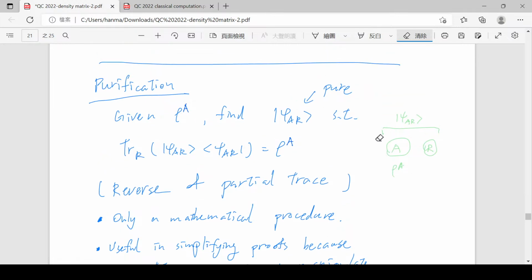Because if you just want a mixed state that partial traces to rho_A, then you can always just write rho_A tensor whatever rho_R, and that will partial trace to rho_A, but that's pretty stupid, and that's not what we do. We want to find a pure state that will trace into this mixed state. And so that requires some calculation.